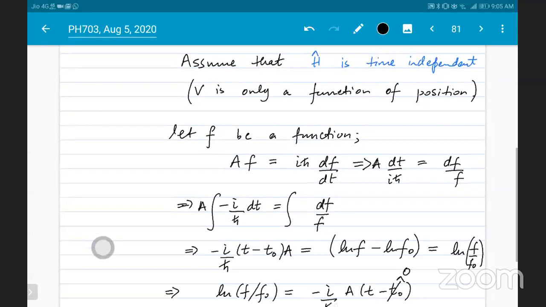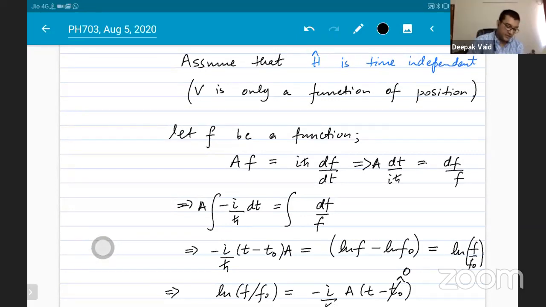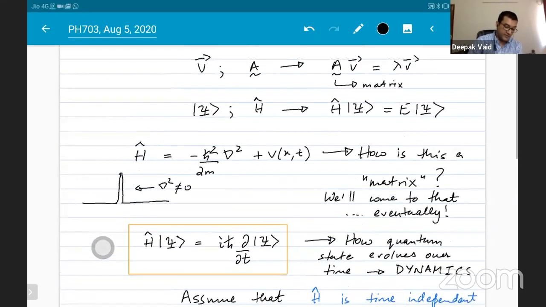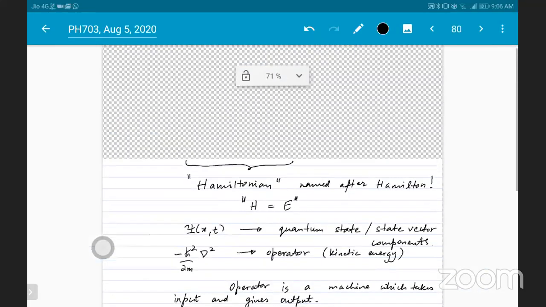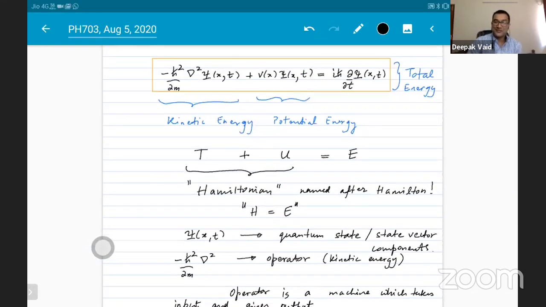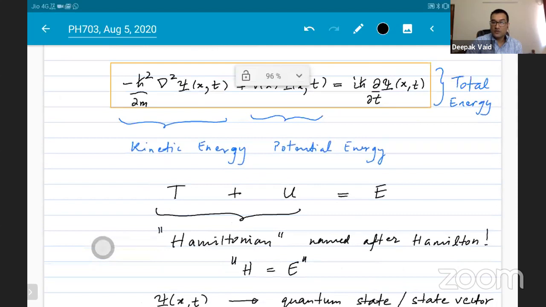Sir, is there any derivation for the Schrodinger wave equation? Yeah, there actually is a derivation. There are many different derivations. Not right now, but I will talk about not a derivation, but a motivation, like how one can construct this equation.